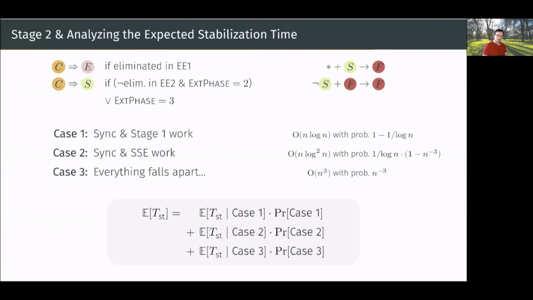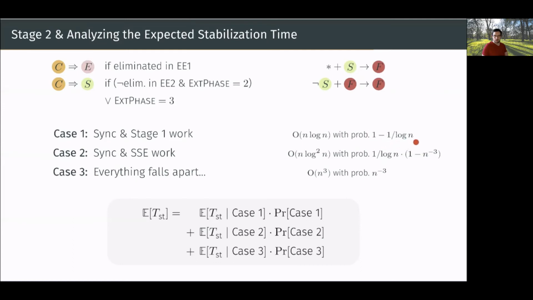Our analysis is based on this protocol, and it considers 3 cases. The first case assumes that everything works out as it should. So everything I just described to you for the first stage works out as we hope it would. And we can show that this happens with quite a good probability.